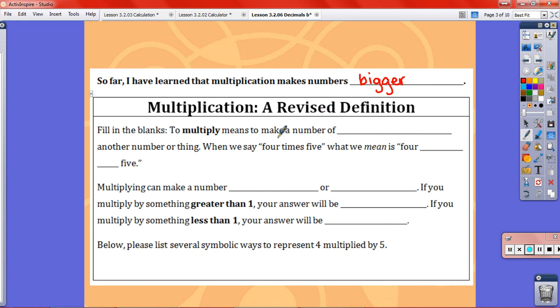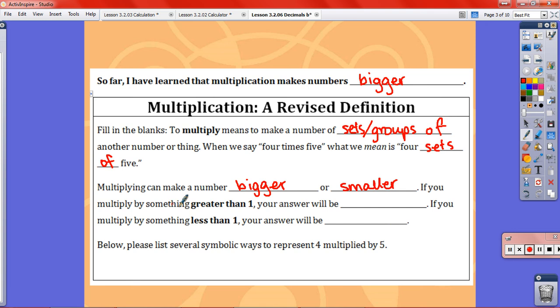So to multiply means to make a number of sets or groups of another number or thing. So when we say 4 times 5, what we really mean is 4 sets of 5 or 5 sets of 4. So multiplying can make a number bigger, but it could also make a number smaller.